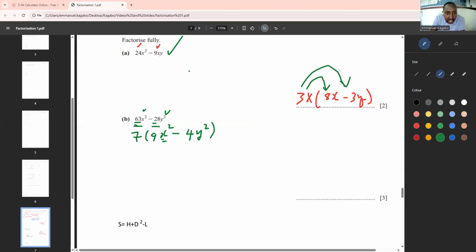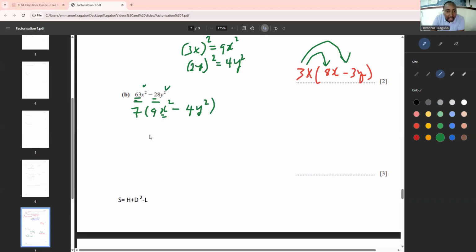It means 9x squared can be written as 3x squared, right? This one gives me 9x squared. I hope you understand that. 4y squared can be written as 2y squared, which will give me 4y squared, isn't it? Right?